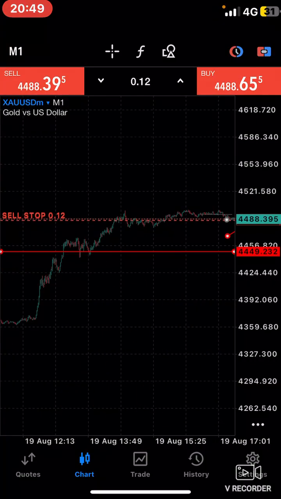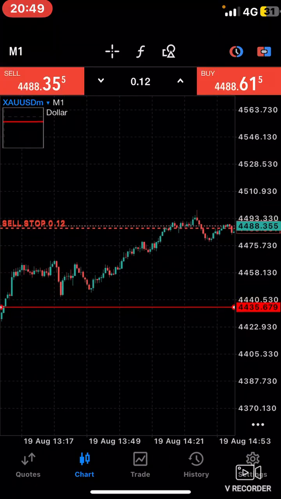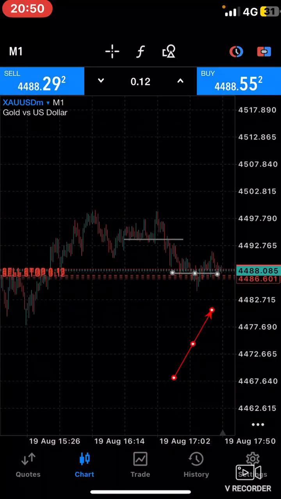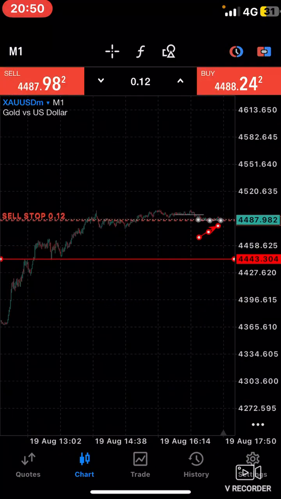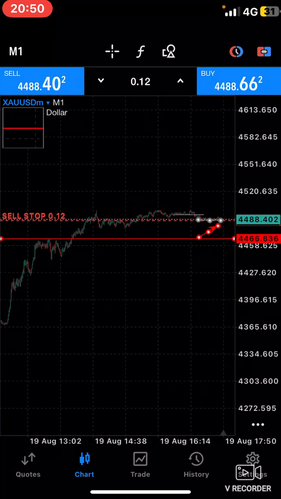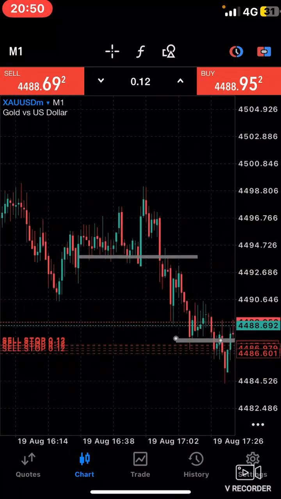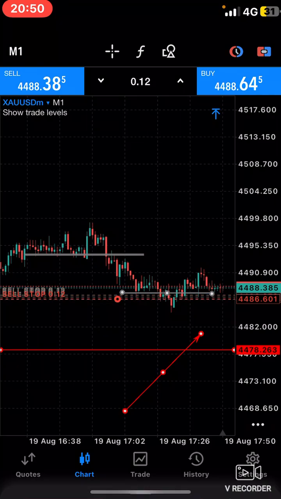And my TP, for guys who wanted TP, my TP is this region over here where price has not yet retested. Right, that's my first TP. That's my second TP. The other full TP that I have is when price has just sold and it's under here.